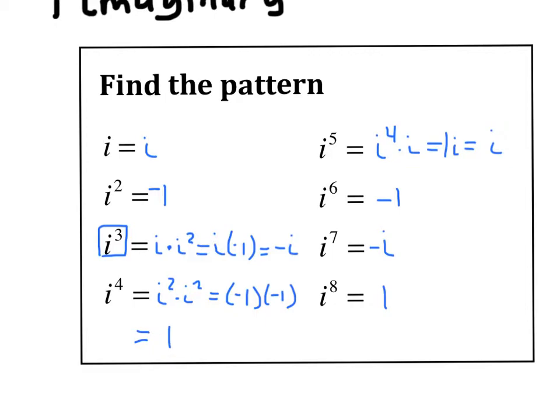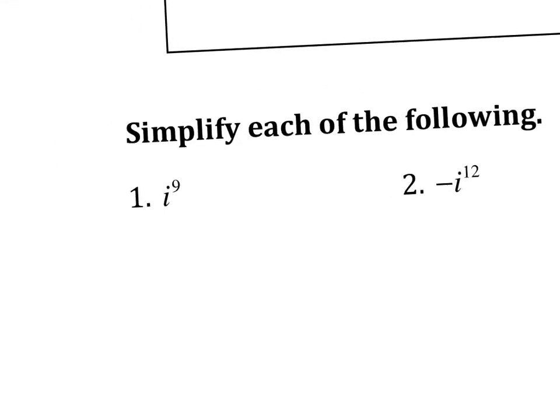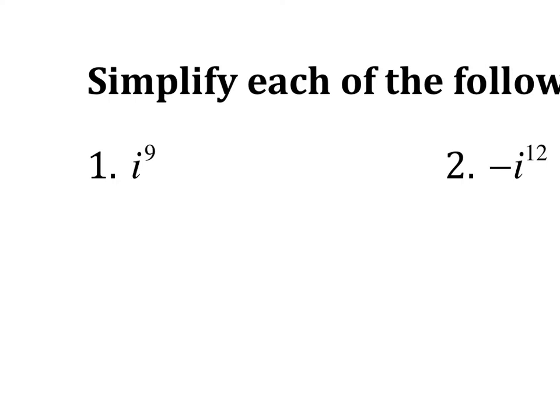So how does that apply to something? Well, let's say we have something a little bit more complicated, i to the 9th power. So what we can do here is take our 9 and divide it by 4, because there are 4 terms in the sequence. And just like we did in 3rd and 4th grade, we end up getting 2 remainder 1.